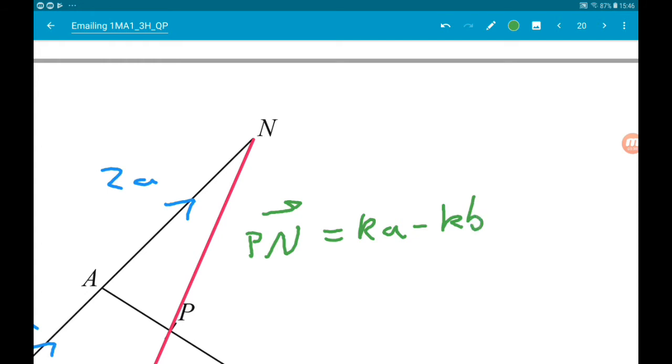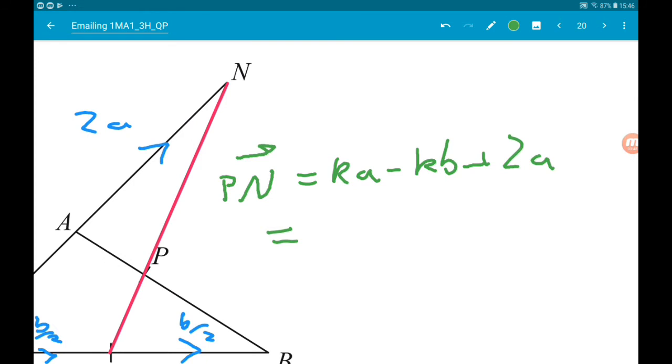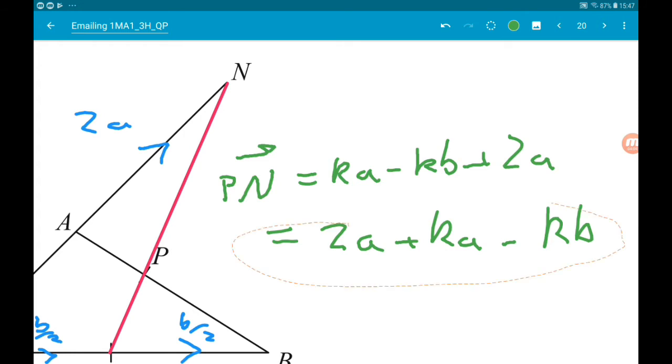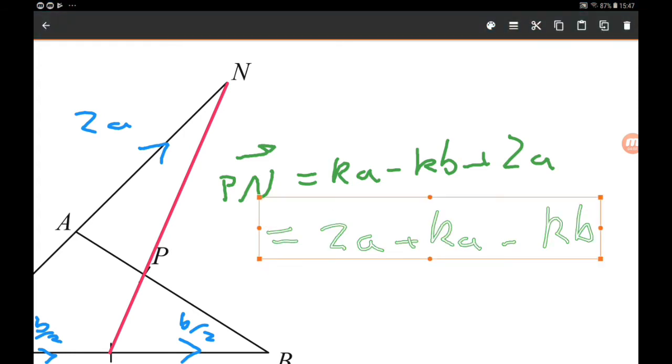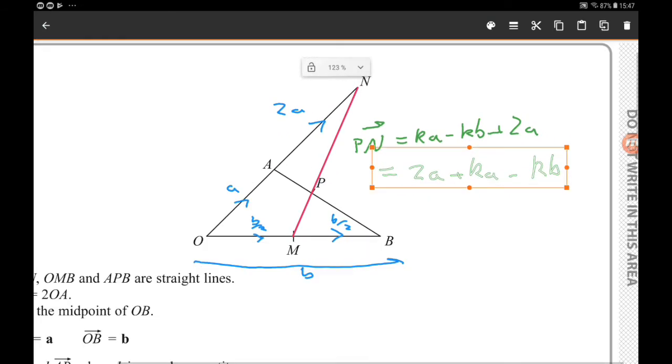And then along to a. So we can write that as 2a add ka minus kb. So that gets us from p to n.